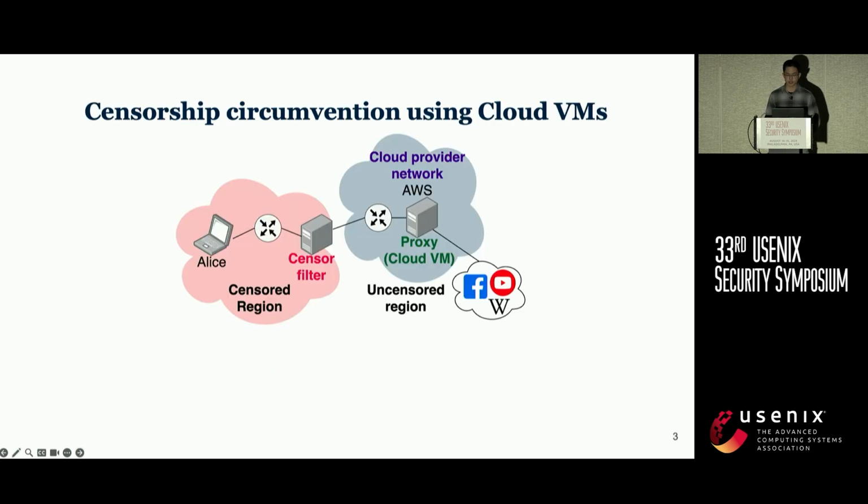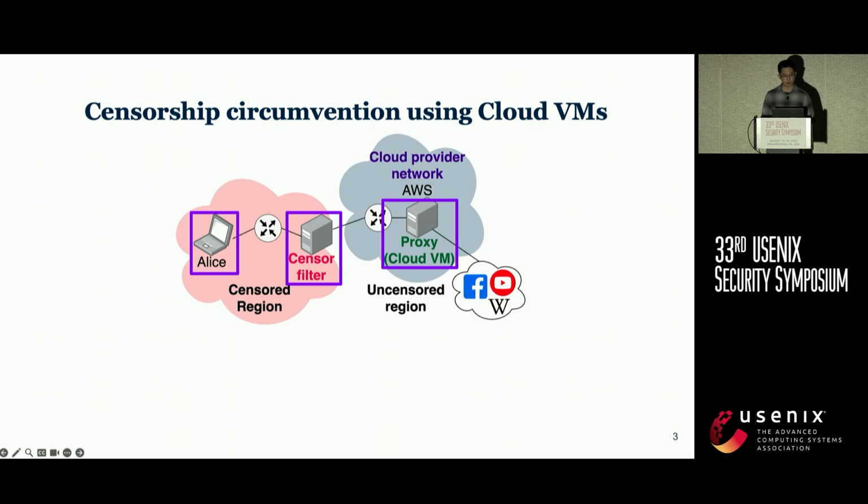So we've heard that circumvention is important, and we also know, importantly, that proxies have been deployed in cloud virtual machines for quite some time. So here, let's go through a very simple workflow of how circumvention is done using proxies. Here we have Alice, who is in a censored region, who wants to access a blocked website, let's say Facebook. This is blocked by a censor filter at the border of the region. So what Alice needs to do is to make use of a proxy device.